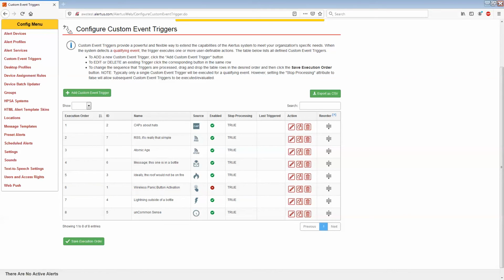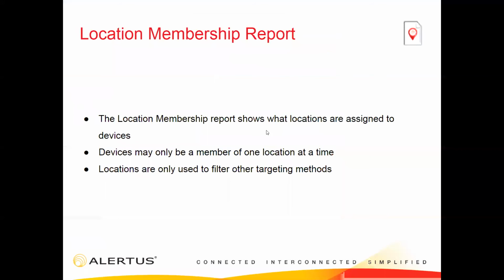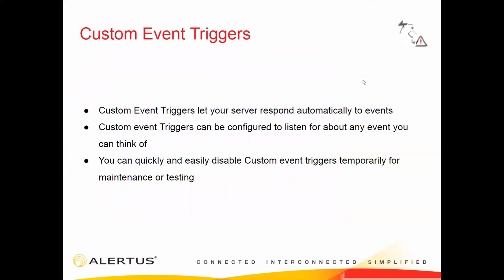Let's go ahead and take a look at the review for this section. Custom event triggers let your server respond automatically to events. A very important thing to note is that the sending out of alerts is not itself an event.